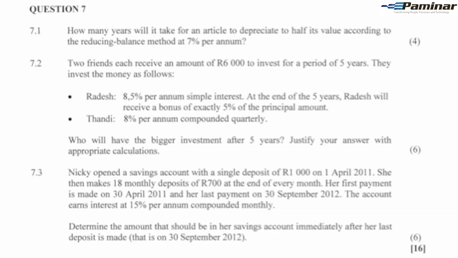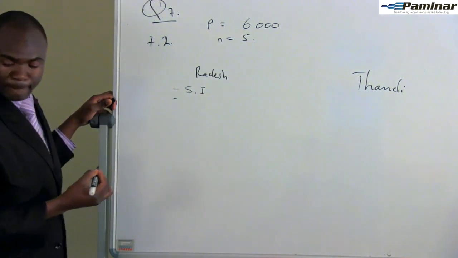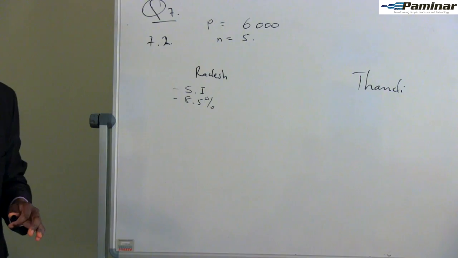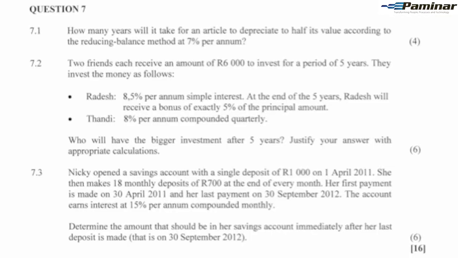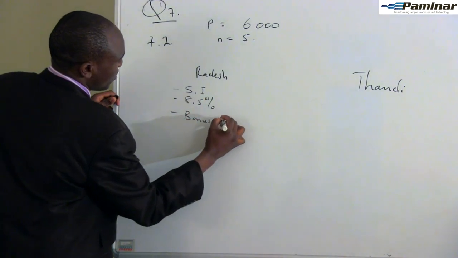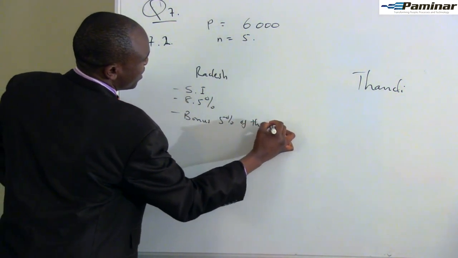So this one is simple interest, let me just say SI, 8.5%. Then also, we are told that at the end of the 5 years, he will receive a bonus of exactly 5% of the principal. So bonus, 5% of the principal.